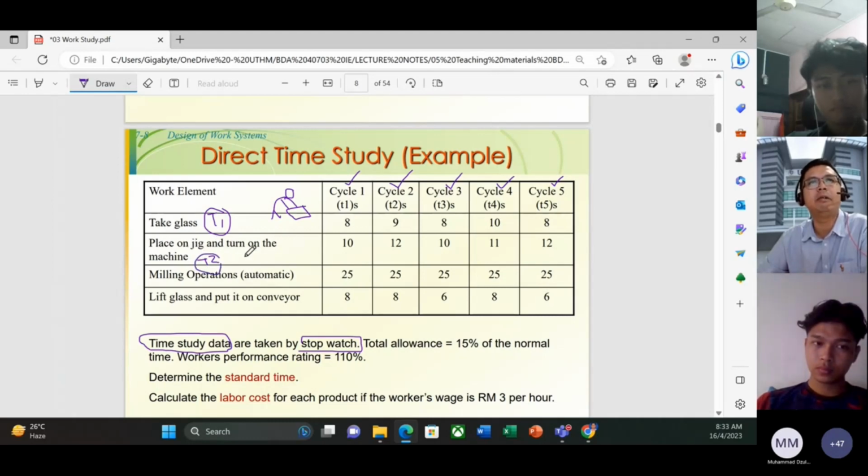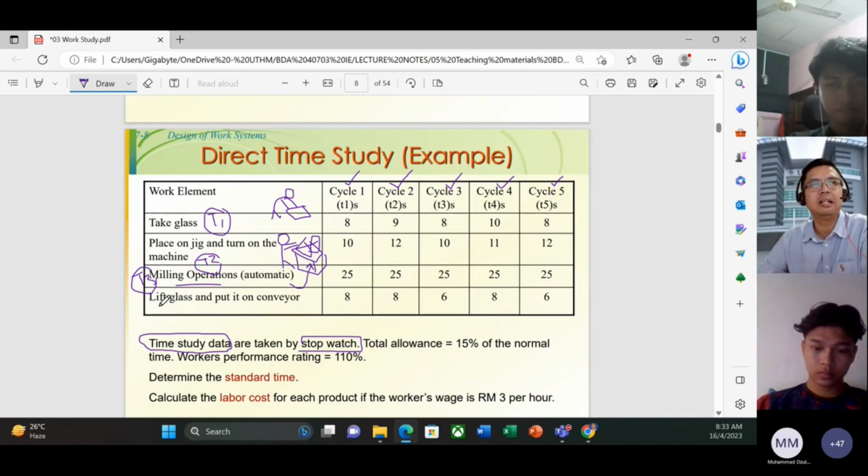Place on the jig and turn on the machine. This is a jig machine, for example. After they lift a glass, they place it on the machine. And task number three, milling operation, automatically run by this machine.